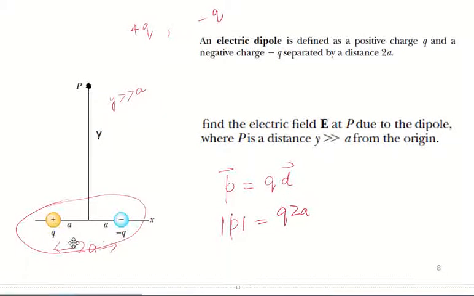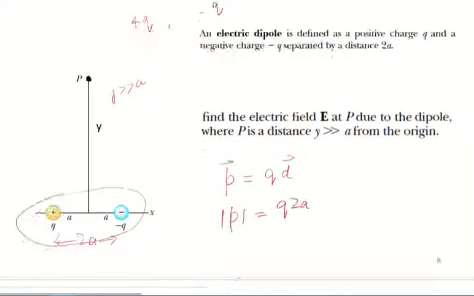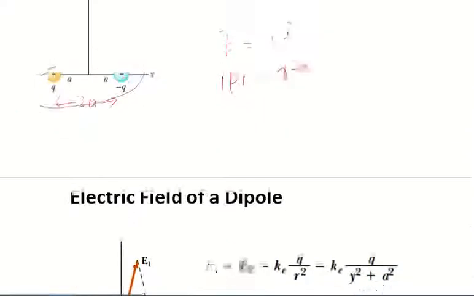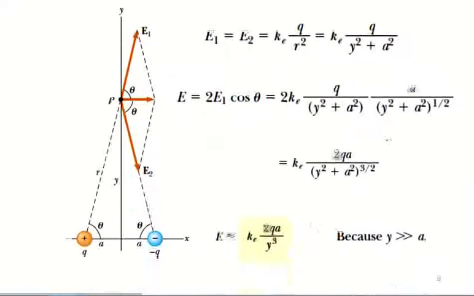So let's proceed. To calculate the electric field due to these two charges, we have to draw the vector diagram, and from the vector diagram we will be able to determine the electric field components. Just pay attention. Let's consider initially the plus charge q. The plus charge q is positive, so it would have an electric field pointing away from it.